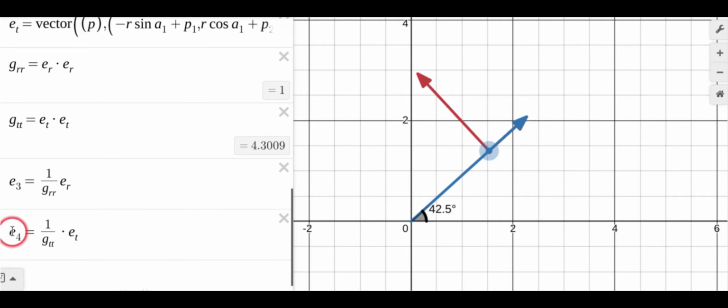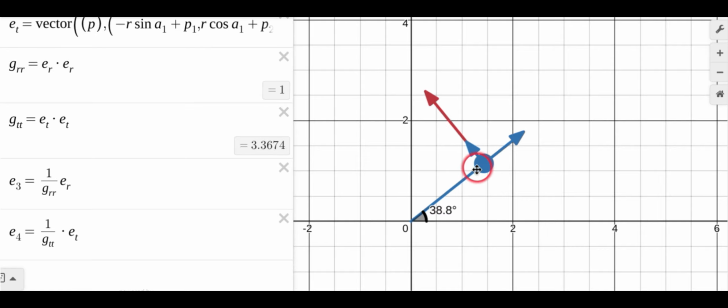Now, E4 is the contravariant basis vector of E theta, so it should be E super T. We find that by multiplying the covariant basis vector E theta times the inverse metric tensor, and it looks like this. Now, it is not the same as its covariant basis vector.